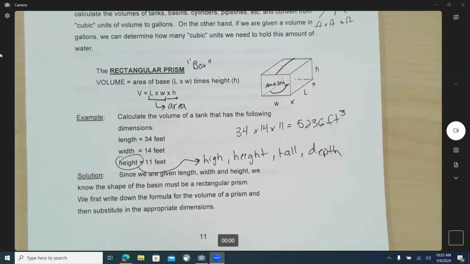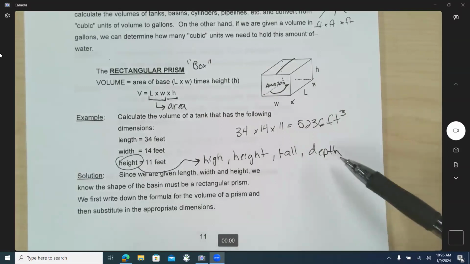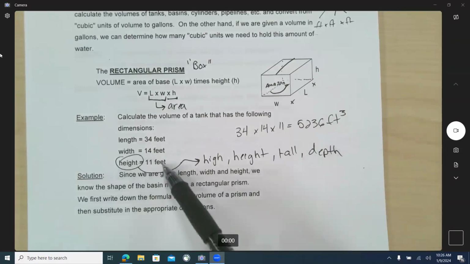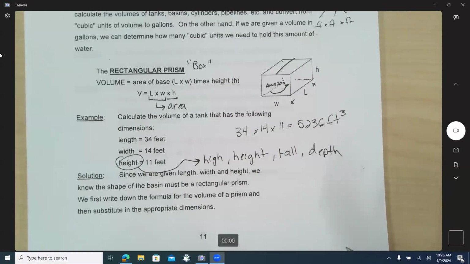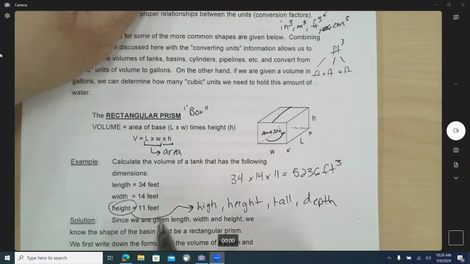So that's one thing to keep in mind, that you're not always going to see height. High, tall, and depth sometimes are common words that we use for this third measurement. Okay. And if you're reading a question and the question has 1, 2, 3 measurements in it, that usually means it's a box. Okay. You're dealing with a box.